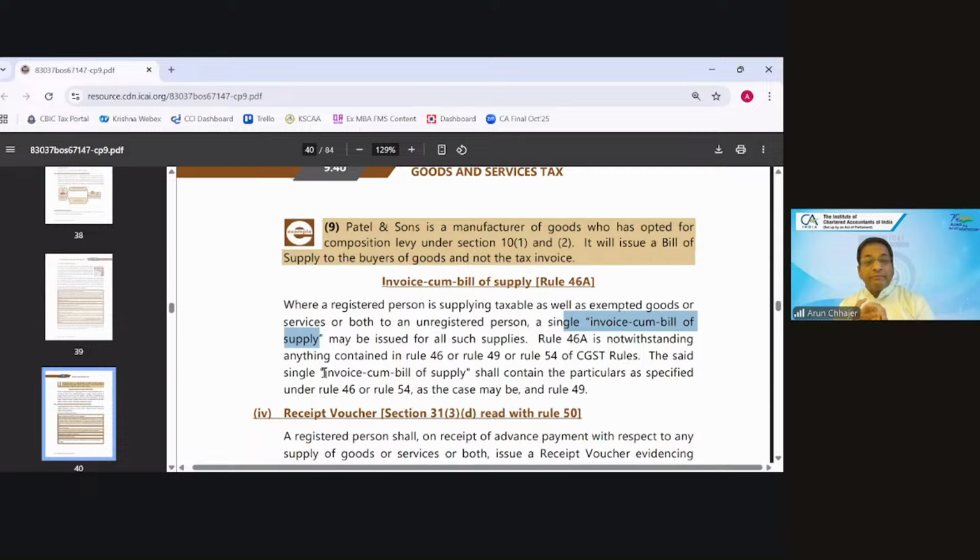Rule 46A is starting with notwithstanding anything contained in Rule 46, that is the normal tax invoice, Rule 49 that we have just discussed regarding the bill of supply, and Rule 54, invoice in case of special circumstances. The said single invoice cum bill of supply shall contain the particulars as specified in Rules 46, 54, 49.